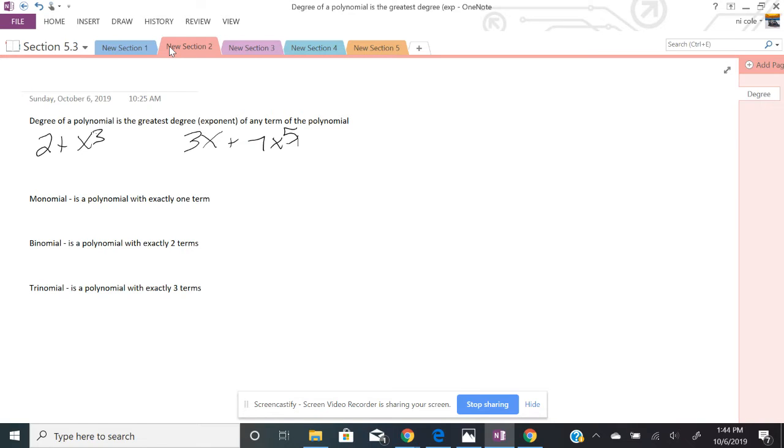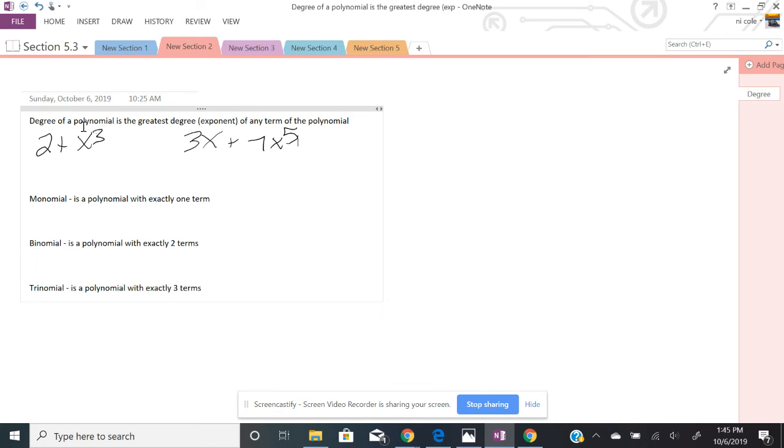Some more definitions. The degree of a polynomial is the greatest degree, aka the exponent, of any term of the polynomial. So if I look at this example, 2 plus 3x to the third, what's the degree? Well, 2 has a variable of power 0, and x to the third has a power of 3.